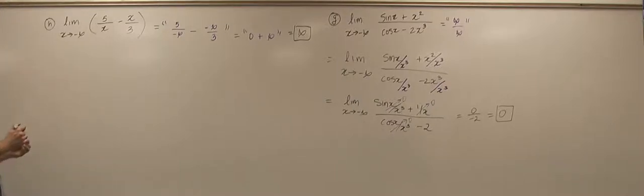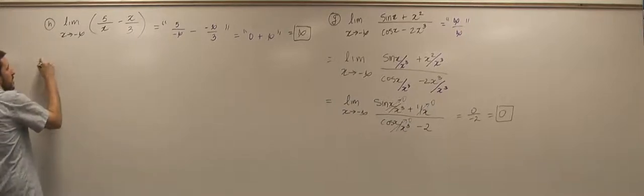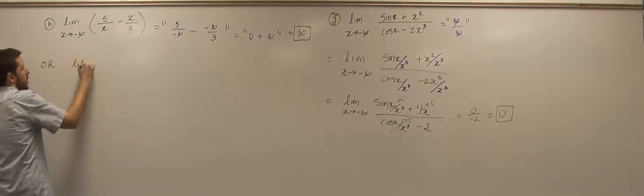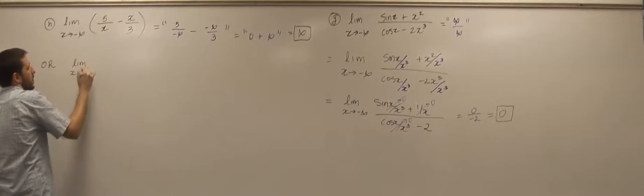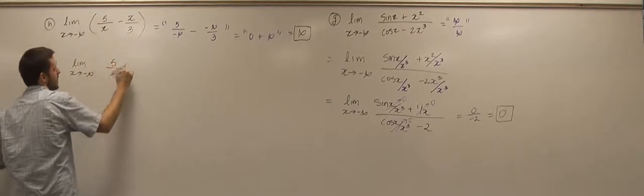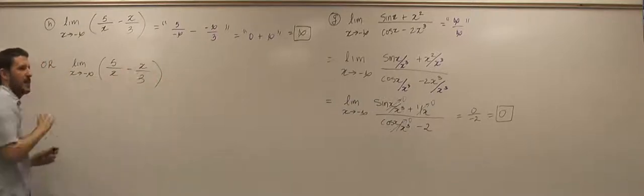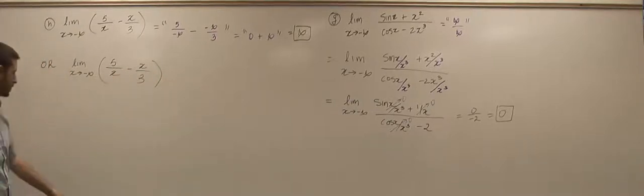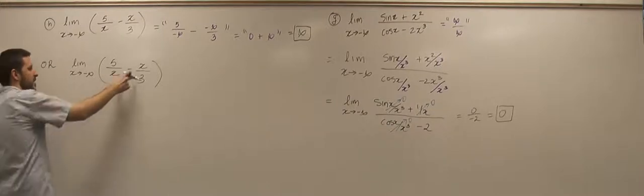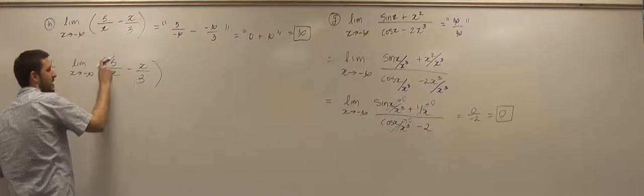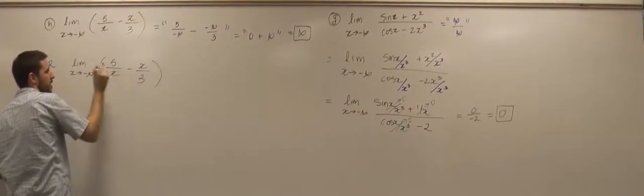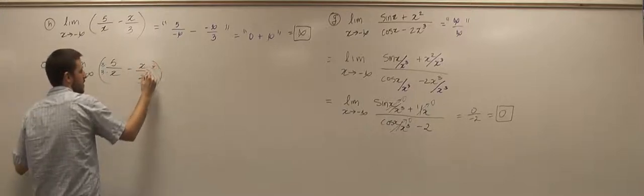So the other, more rigorous way to work with this limit would be to combine these into a single fraction. So another way to look at this, to lead into the next example, would be to get a common denominator. So your common denominator is going to be 3x. This guy needs a 3. This guy needs an x.